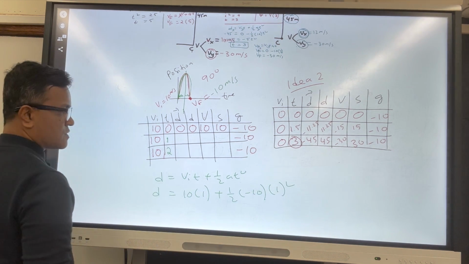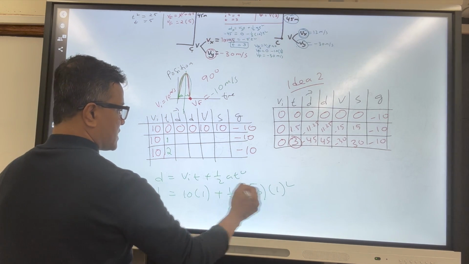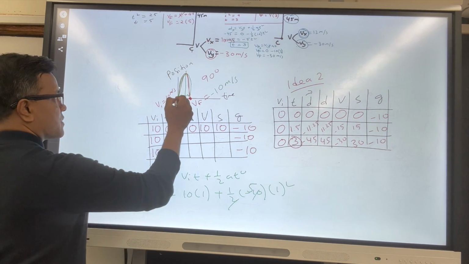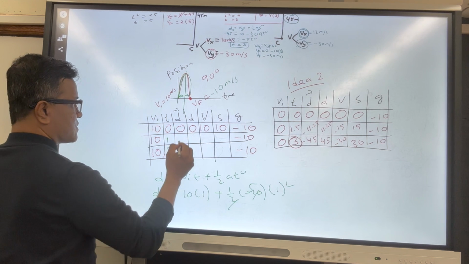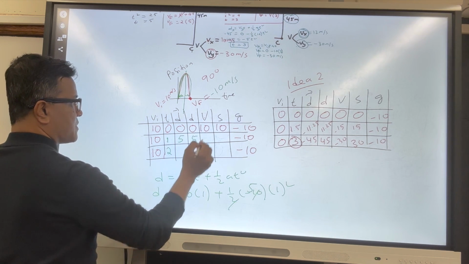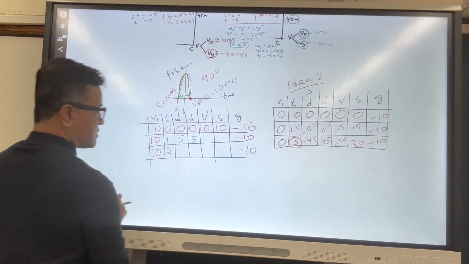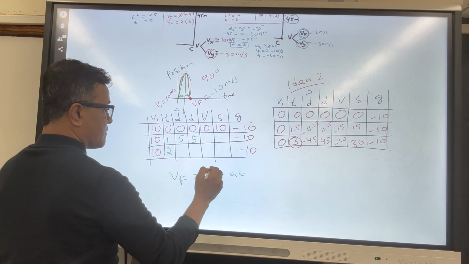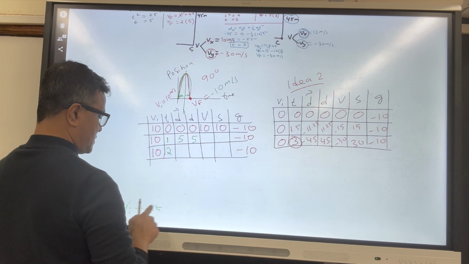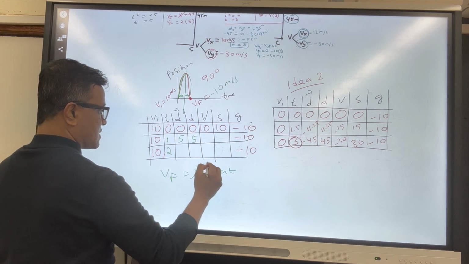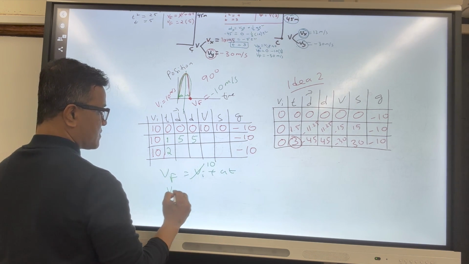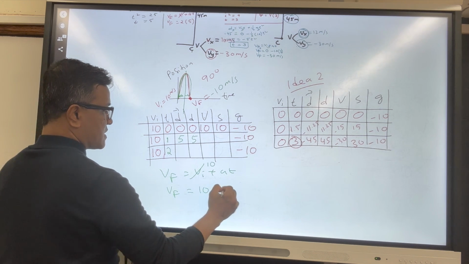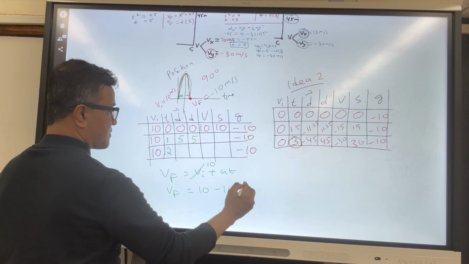So that means this is 10 minus 5, 5. From here to here, 5 meters. Distance is also 5 meters. Velocity, all right, vf is equal to vi plus at. Velocity is how much? This is 10. So vf is 10 minus 10 at the end of 1 second. Okay.